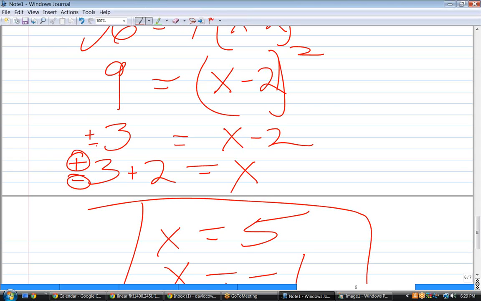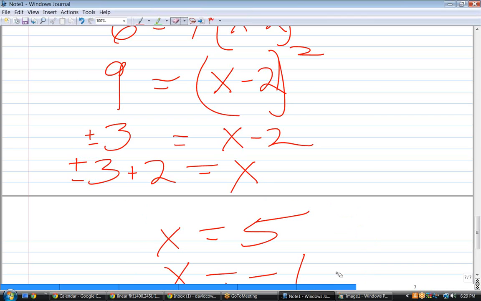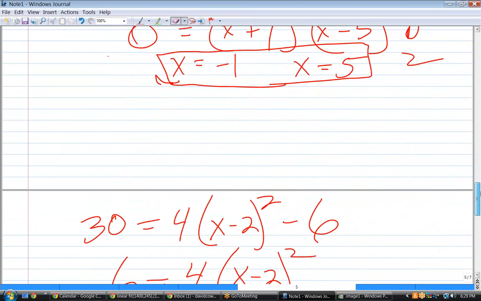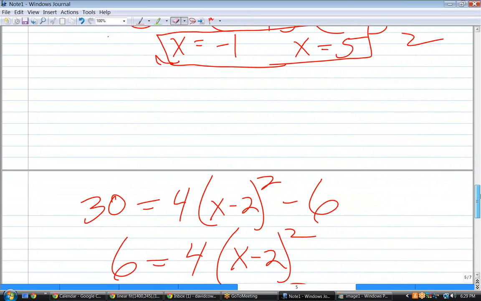So if you do it the easy way and you forget that plus or minus, you're going to miss one of your answers and you're going to lose half credit on this problem. So always remember, when you're taking shortcut methods, you have to do it perfect. Whereas if I do it the long way, I don't have to do it perfect. I'm going to get this x equal -1, x equal 5 regardless.